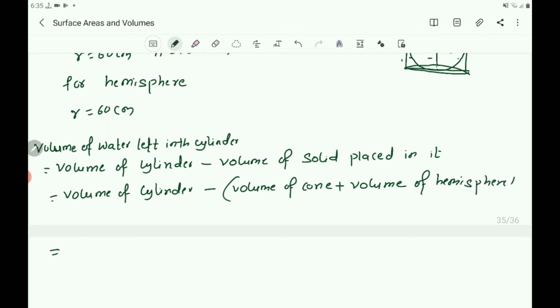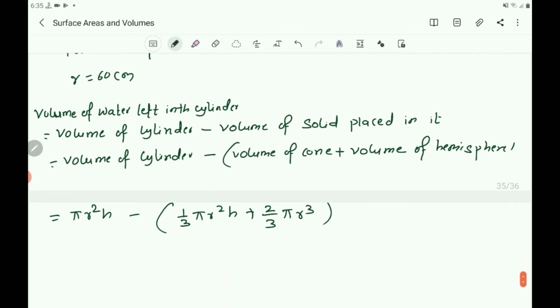Then you write the formula for volume of cylinder, that is pi r square h, minus the volume of cone, which is 1 by 3 pi r square h, plus the volume of hemisphere, which is 2 by 3 pi r cube. In all the cases r square and r are the same, but the difference is h here.